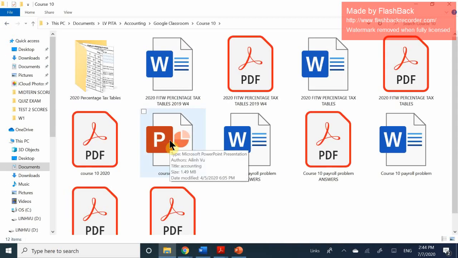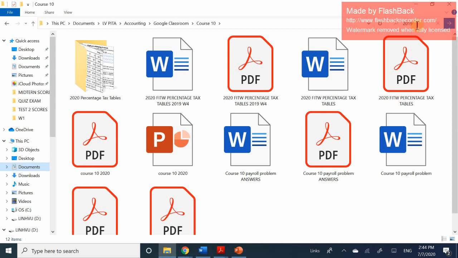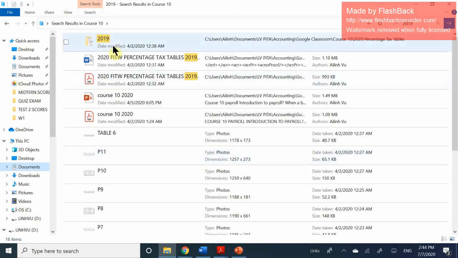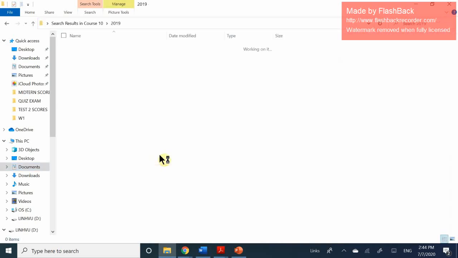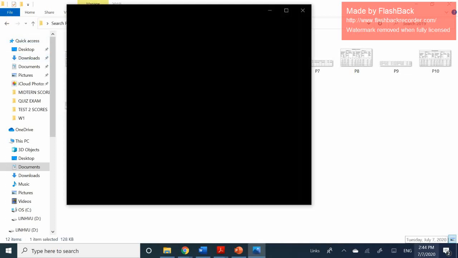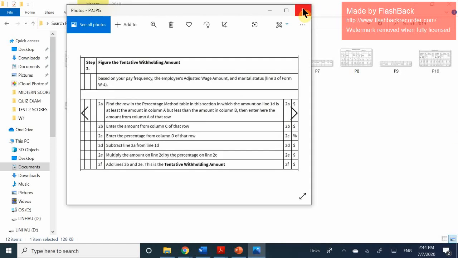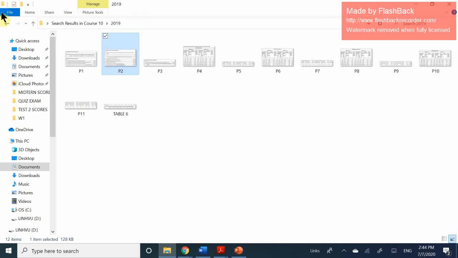Let's see, do I have the 2019 form? 2019 is here. Let's see what's in here. Okay, I was supposed to have it, but if I were to click this, I think this is it. The W-4 form. No, that's not it. This is the text bracket. I don't have it on hand.